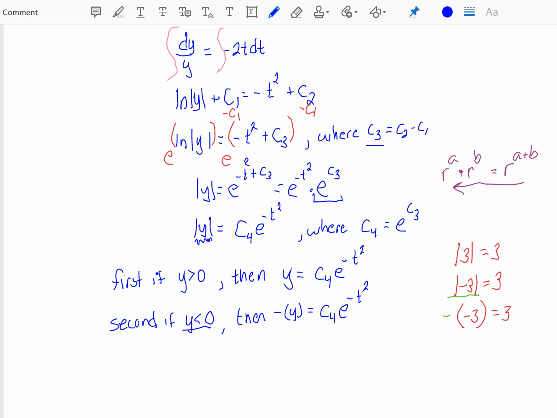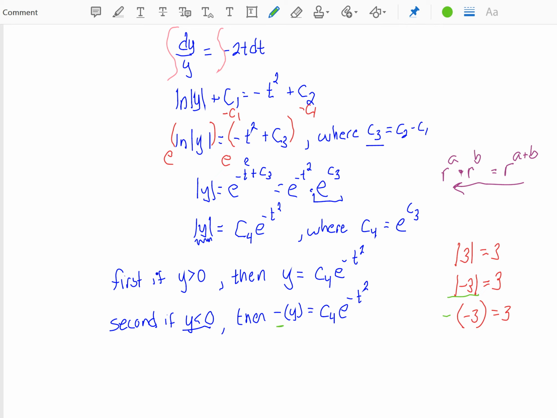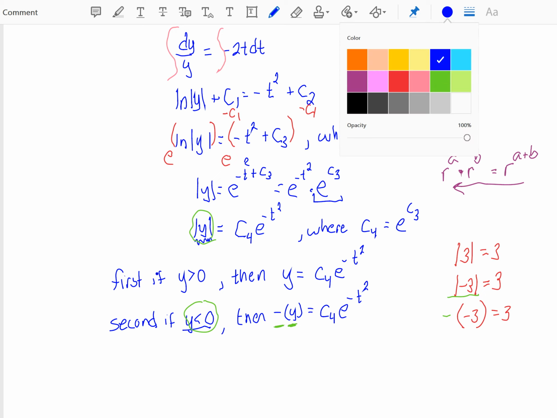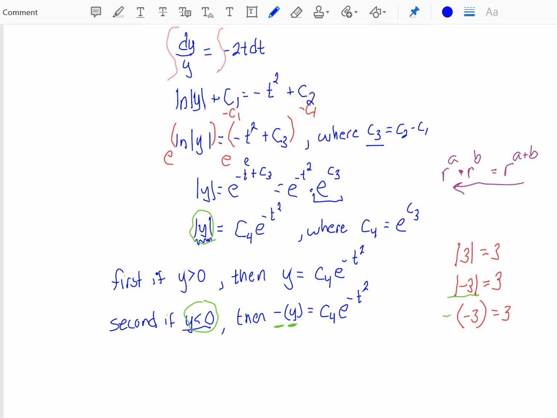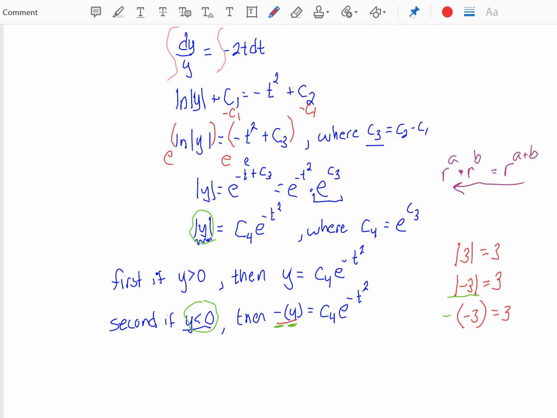Remember, in this case, we're assuming y is negative, so this means the negative of a y value that's negative will now be positive, which accomplishes what this absolute value would do in the event that y is less than 0. Now, of course, I still want to solve this for y, so from here, let's divide both sides by negative 1.